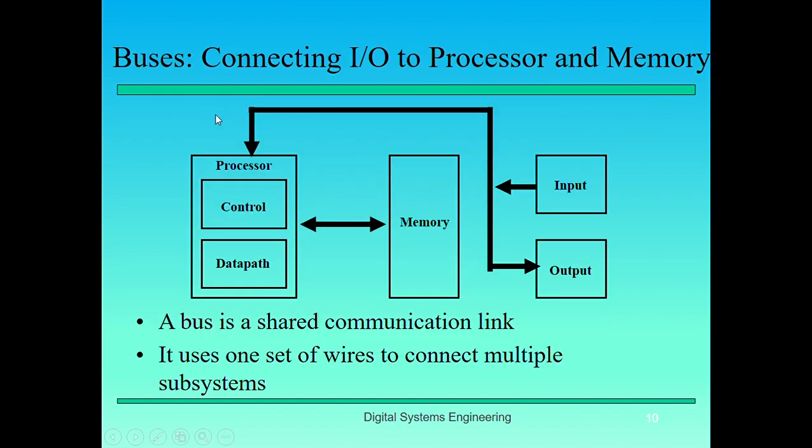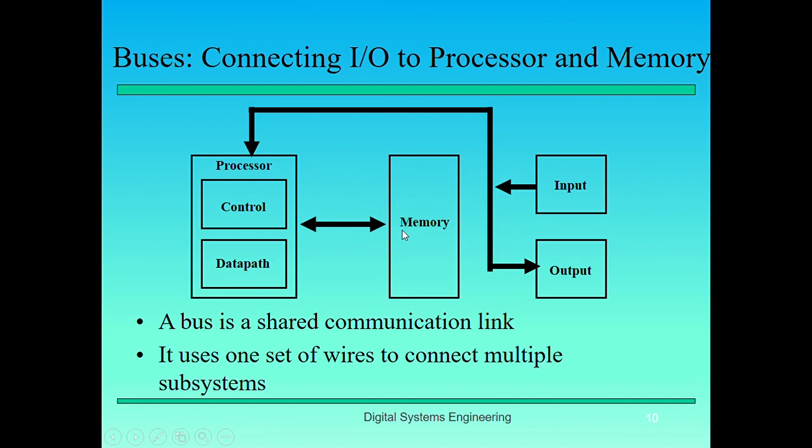System buses are used to communicate between a microprocessor and different devices like input devices, output devices, and the memory unit. Here you can see the buses that are used to connect input output devices and memory units with the microprocessor. So the microprocessor is connected to the different input devices, output devices, and the memory unit.